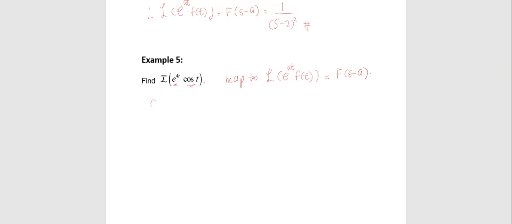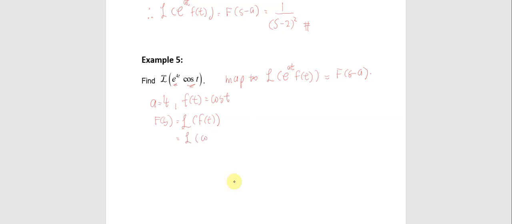In this case a equals 4. The f(t) function is cos t. So F(s) is equal to the Laplace transform of f(t). So what is your f(t)? f(t) is cos t.